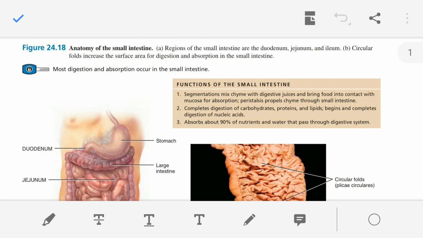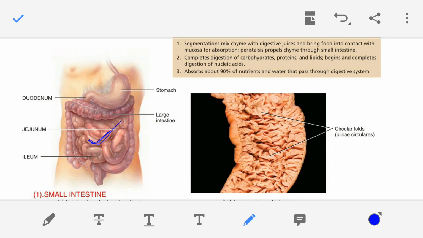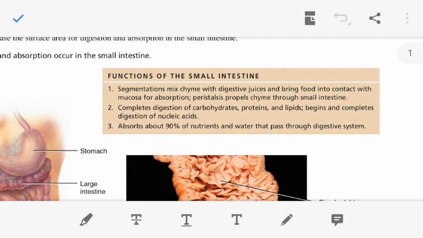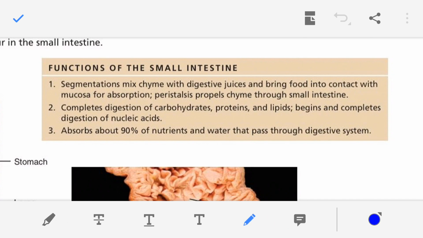And this one is the title of the figure, and in this they are showing where in our abdominal cavity the small intestine is present. Now here, this one is the small table and very brief discussion regarding the function of the small intestine.